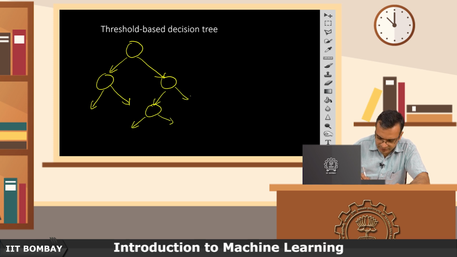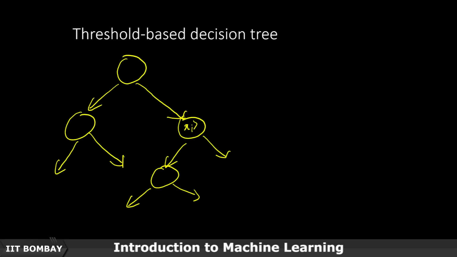Something along these lines, and all we do is at any given node, we will take one dimension of x, not one sample but one dimension of x, so xi, and we will see whether it is greater than some threshold theta j, xi greater than theta j. So if it is greater, then we will go here, which is yes. If it is not greater, we will go here, which is no. That's the decision we will make.